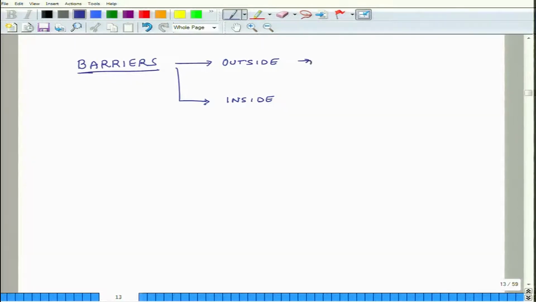Now, in both these situations, barriers work well if both these conditions are present. The first condition is when direct noise dominates.